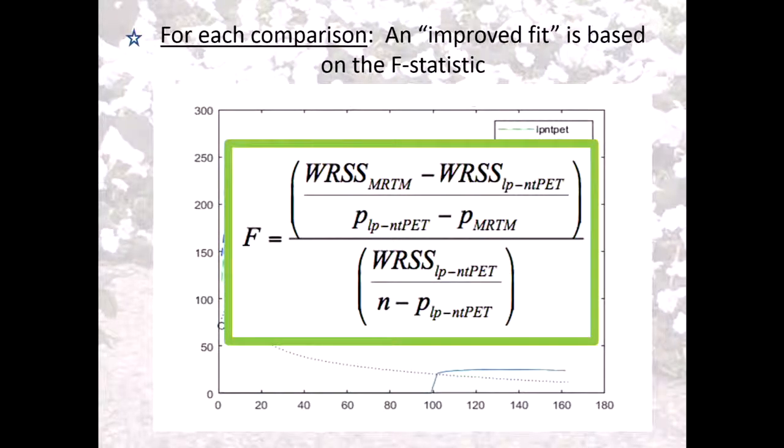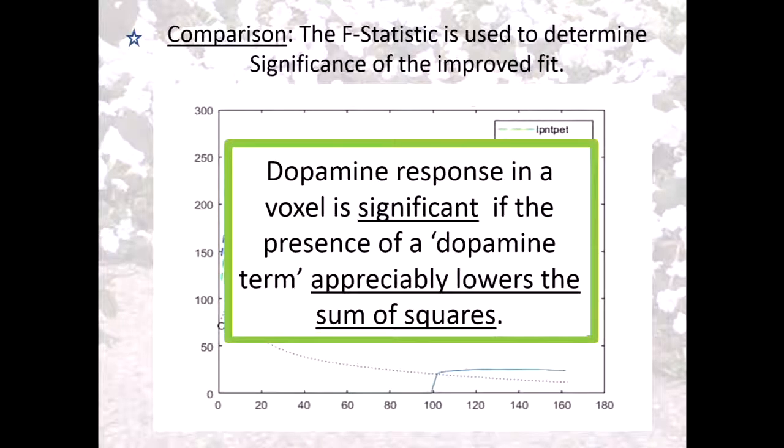And the statistic that we use is the F statistic. It doesn't matter exactly how you calculate it. The F statistic asks this question arithmetically: the dopamine response in a given voxel is considered significant if using that term in the model appreciably improves the fit, lowers the sum of squares. Okay?